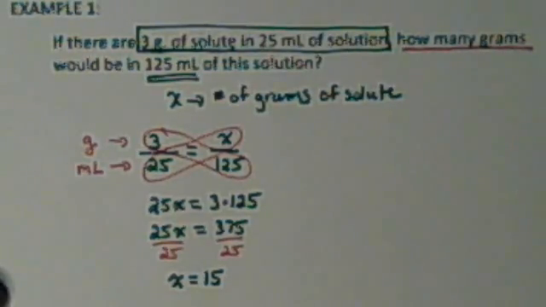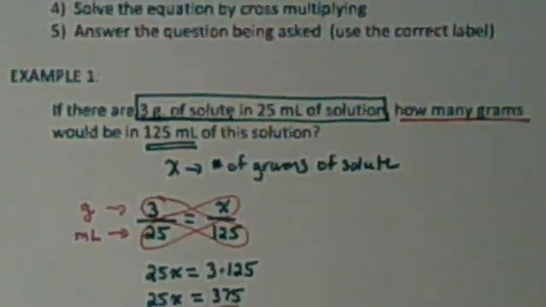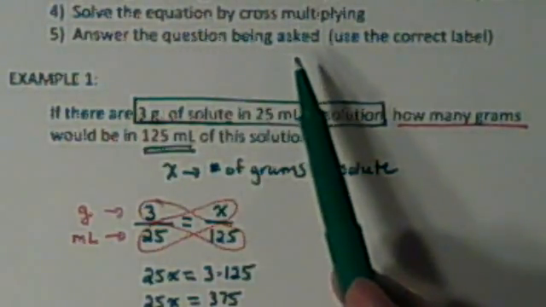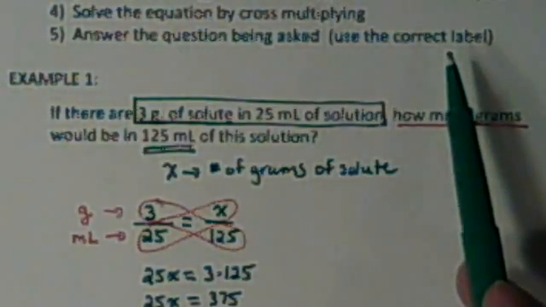So the last step, if we go back up and look here, is after we've solved, we want to make sure we answer the question being asked, and we want to use the correct label.